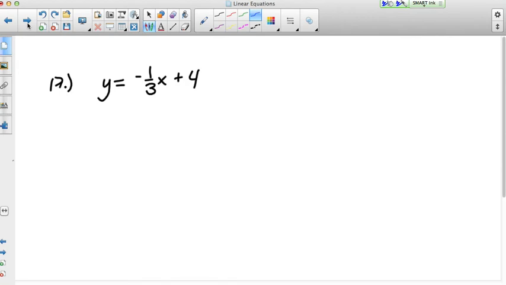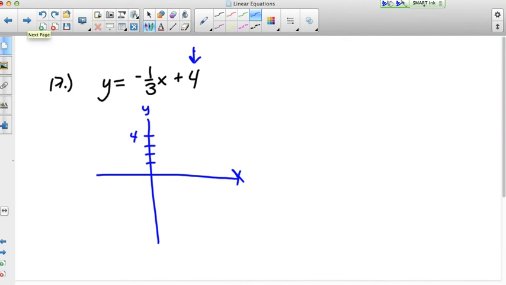17 said graph the line y equals negative 1/3 x plus 4. So if I made a quick sketch of the graph here, I know that my y-intercept is 0, 4, so I go to 1, 2, 3, 4 on the y-axis, plot a point, and then my slope is negative 1/3, so I go down 1 on the y-axis and over 1, 2, 3.